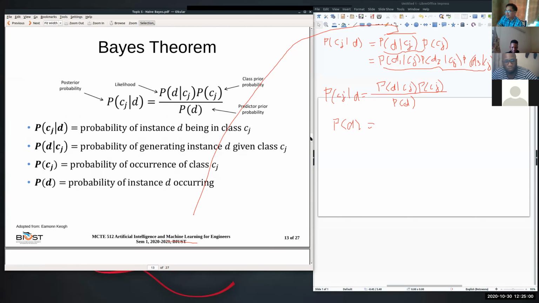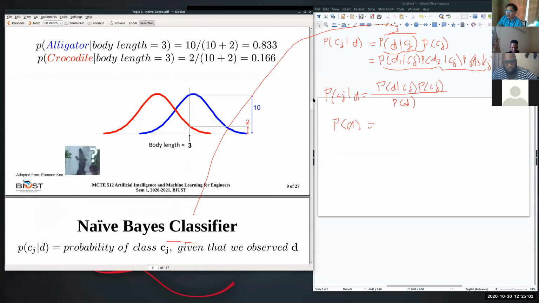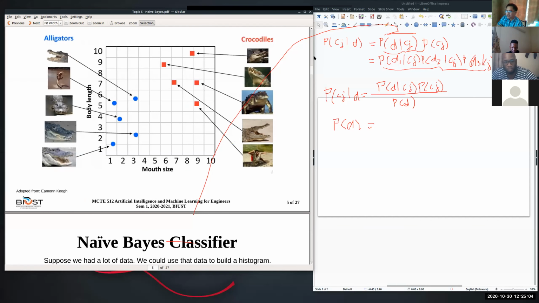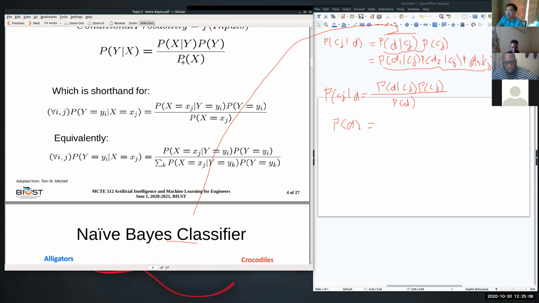Probability of D. So where is the original Bayes rule? This one. Okay. This probability of D. And so we can write it as, in this case, we are not given that. So we compute this based on the Y that's given based on Cj. So probability of D given Cj and probability of Cj multiplied by the other Ck.